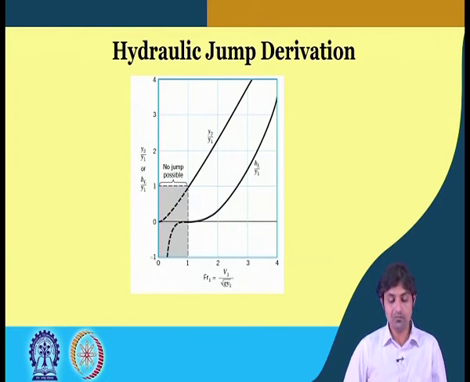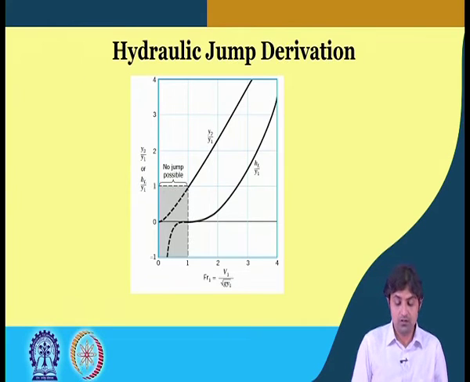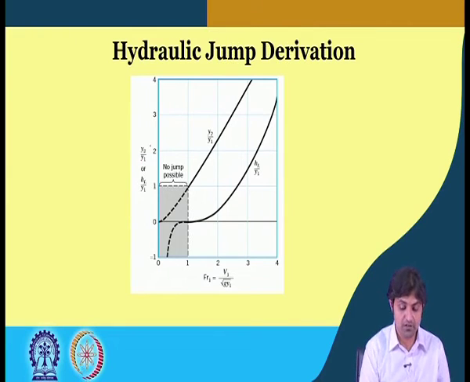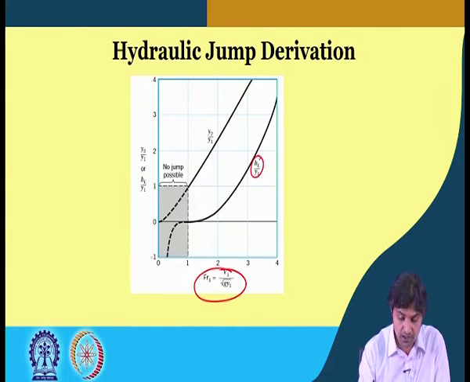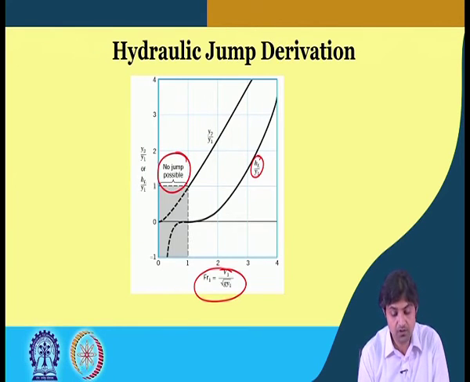So, this is a graph that has been drawn. This is a graph showing y2 by y1 against the Froude number at 1. All right. So, if you keep plotting, this is HL by y1. All right. This is an area where there cannot be any possible jump, this area. All right.